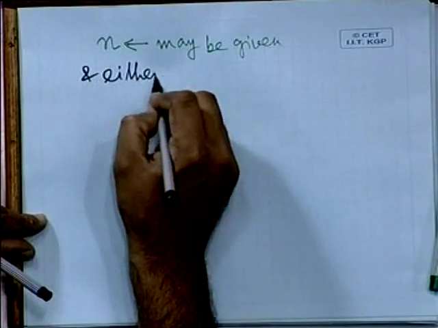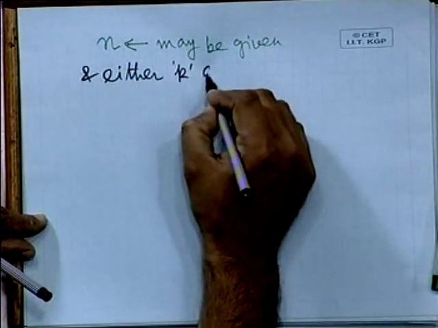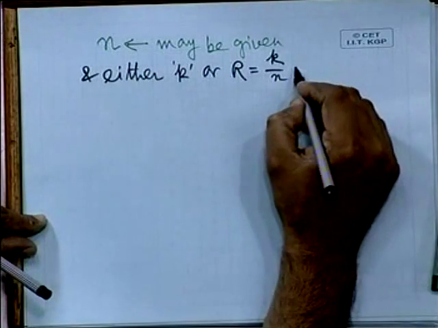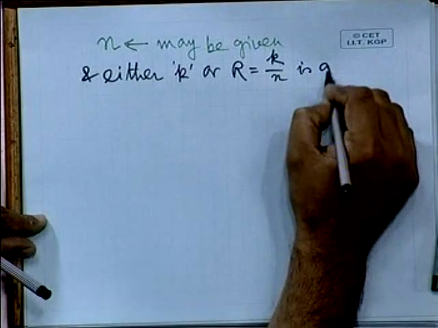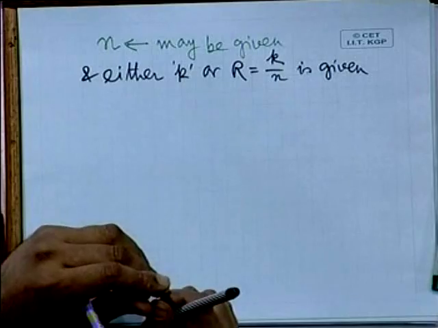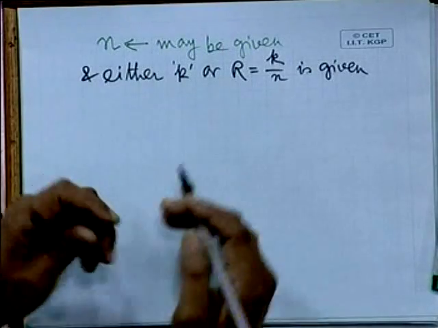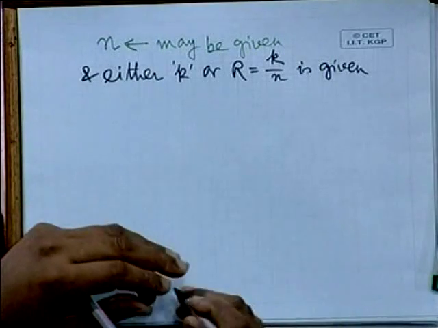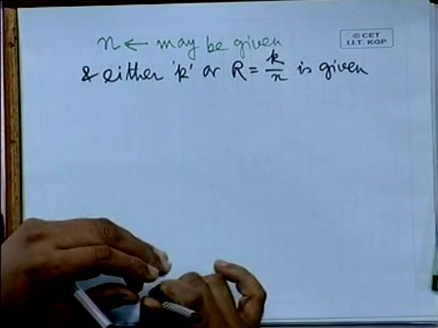Either k or the code rate, which is k by n, is given. So, if n is given and then either k or the rate is given, then the size of the code space is rather dictated. Then the remaining strategy depends on how nicely you are able to choose the points as valid code word points.